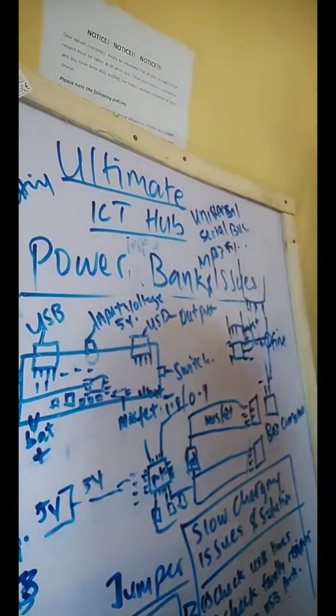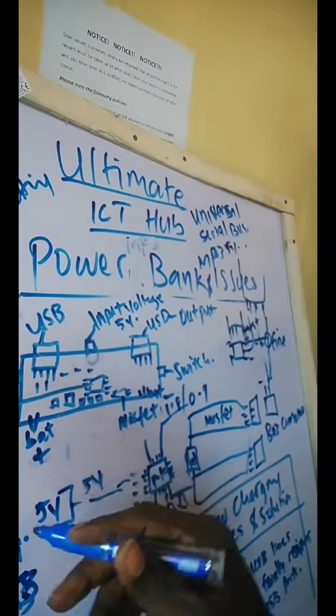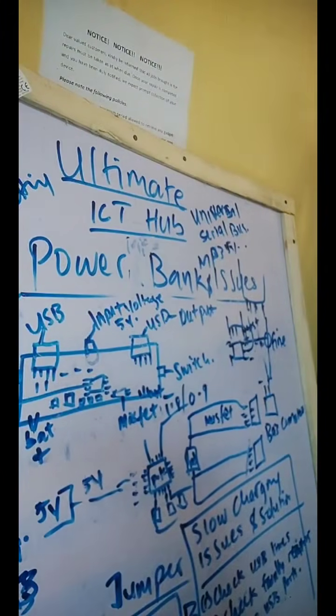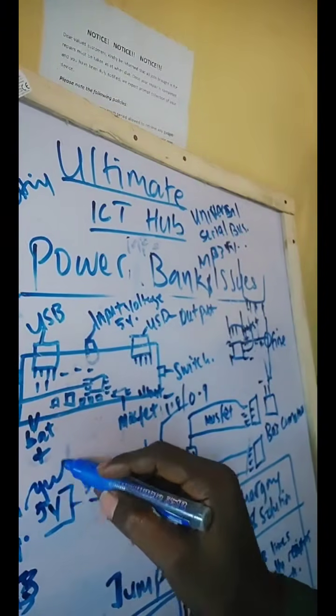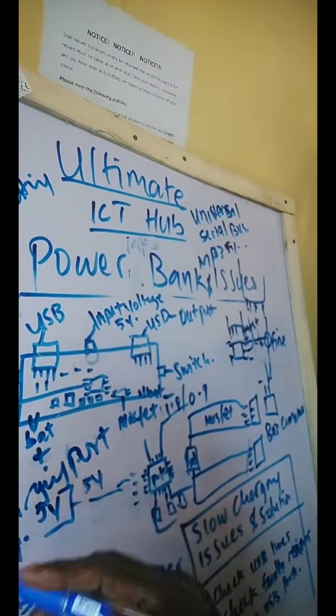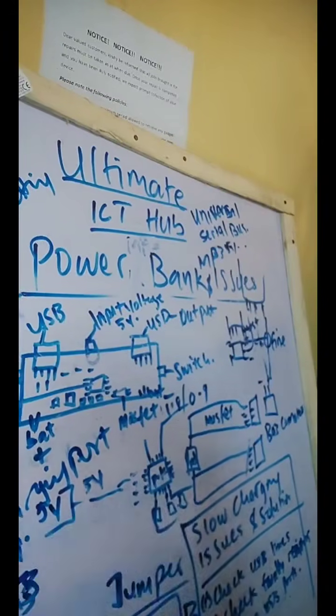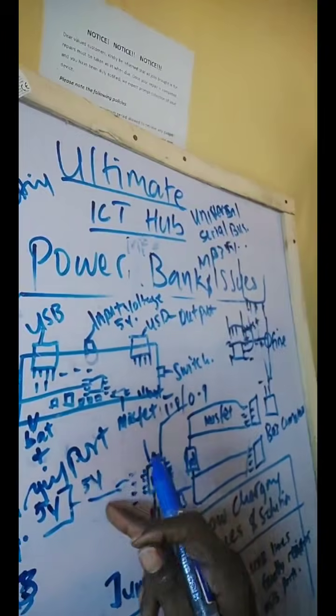Let me explain to him again. If 5 volts is coming from the charger, maybe you are confused with the charger. This is the charging port, right? Any current coming from here to this charging port is called 5 volts.